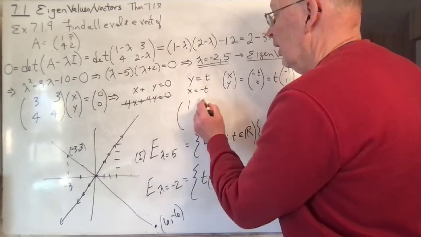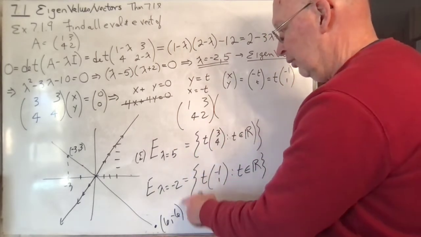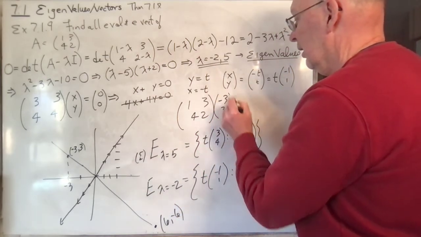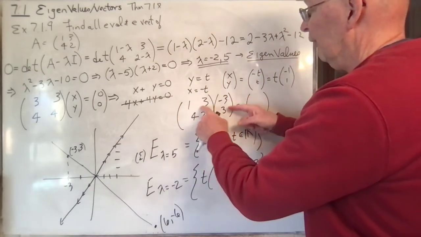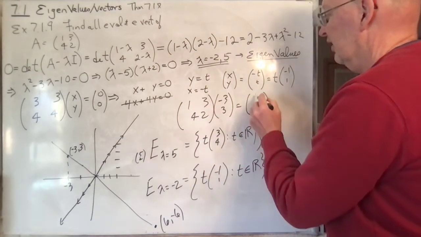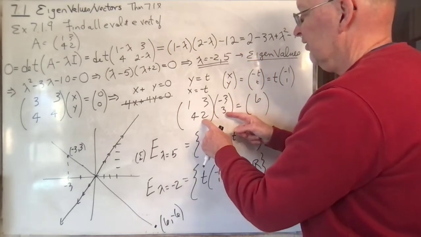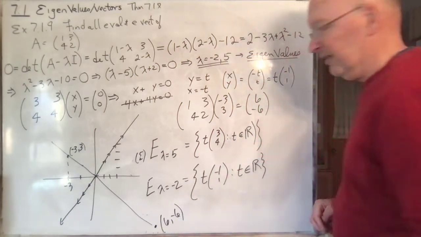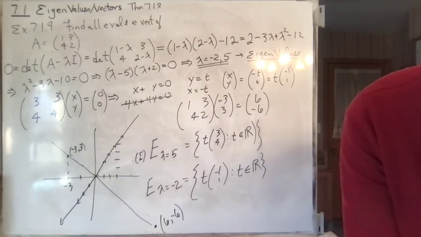So here we have the matrix 1, 3, 4, 2, and you apply that to the vector (-3, 3). And what do we end up with? Here we're going to get -3 plus 9, which is 6. And here we're going to get -12 plus 6, which is -6. Is that what I said? Yep, (6, -6) right there. See how that works? So that's the idea.